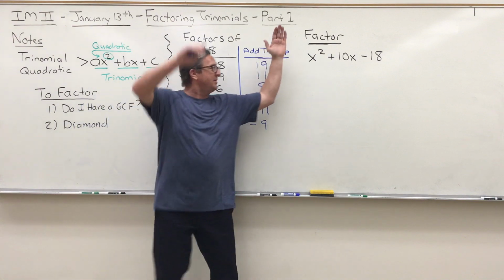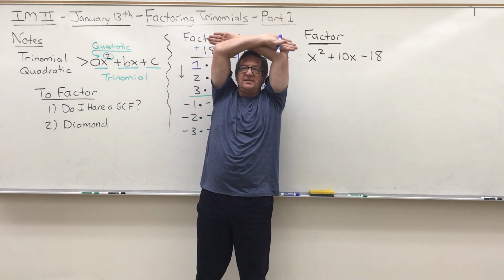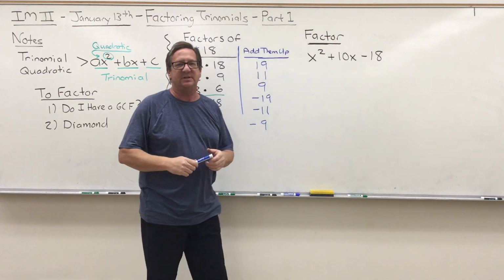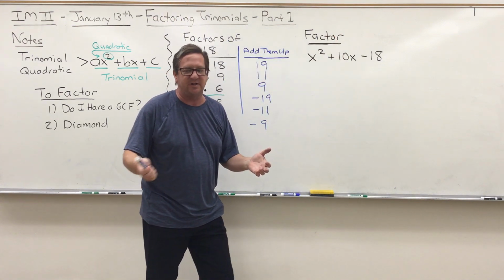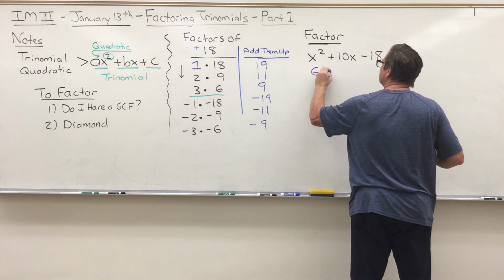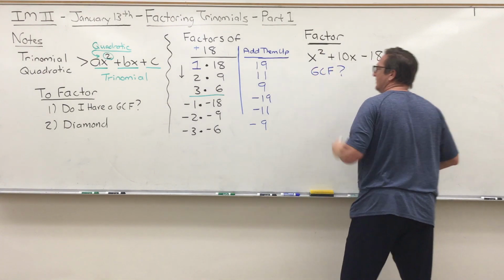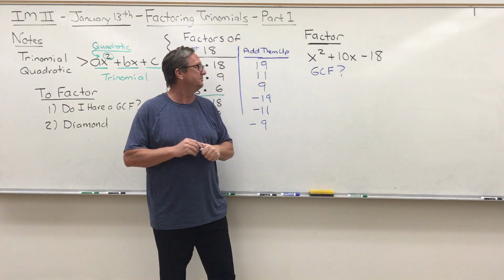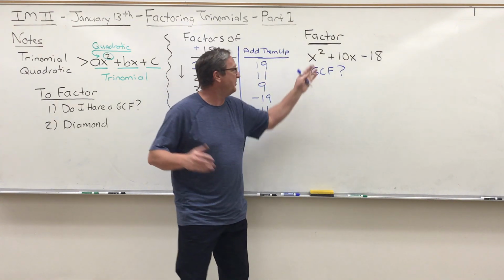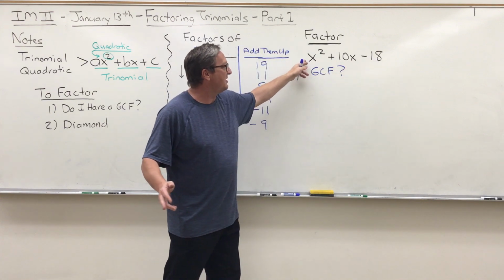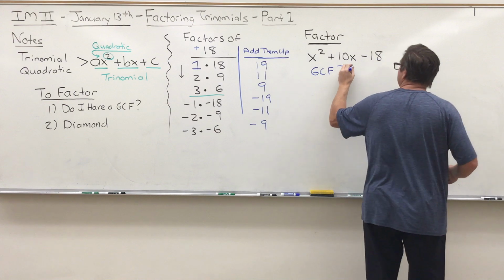We're going to pretend, let me just cover this up, that you haven't even looked or thought about it yet. Because when you hear me say factor a trinomial, you look for a GCF, which is a no. Right? Because remember, they all don't have an x. And this is already the number 1, so we're doing the no.